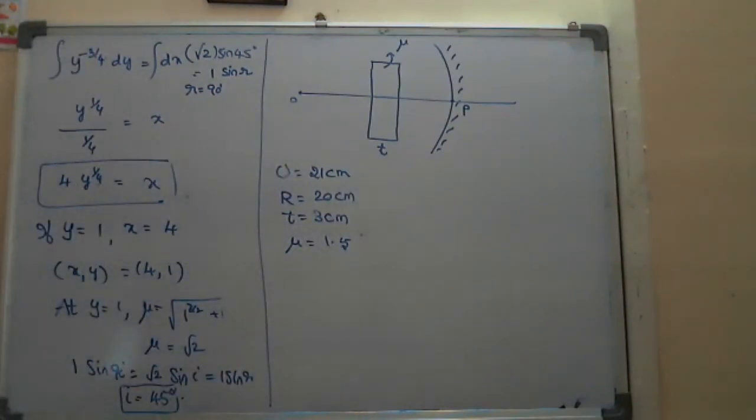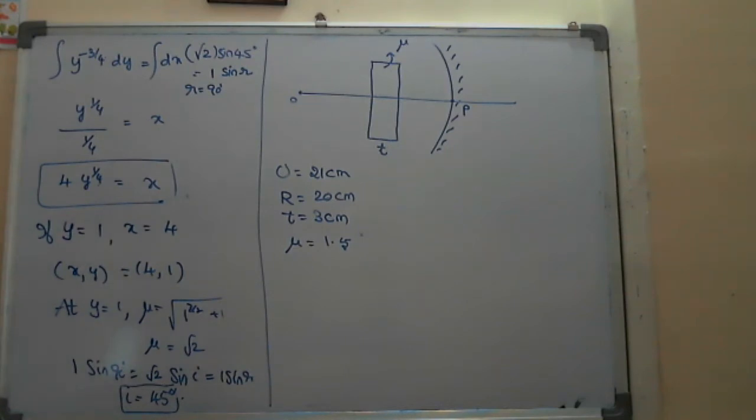He is saying in the question that the distance of the nearer surface of the slab from the mirror is 1 centimeter. I don't know why he gave this information.